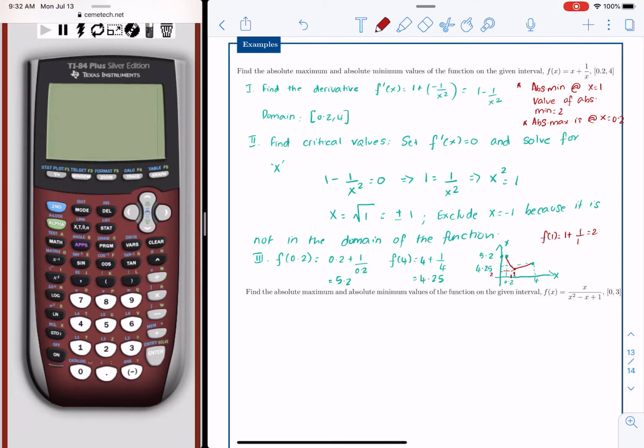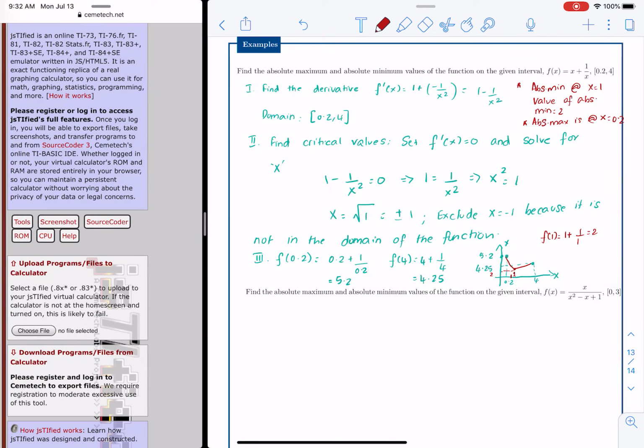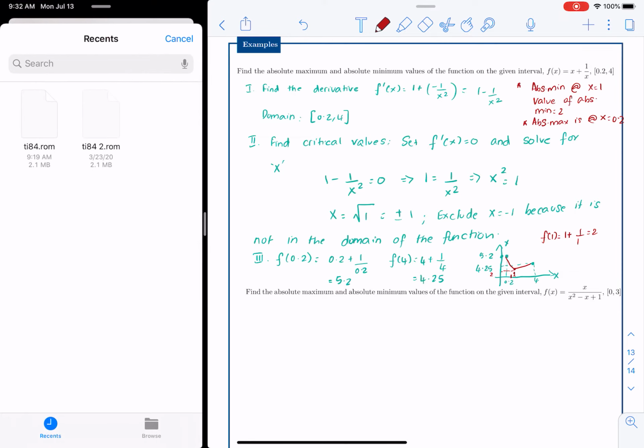Let us see if we did this properly. We can make use of a calculator to verify.